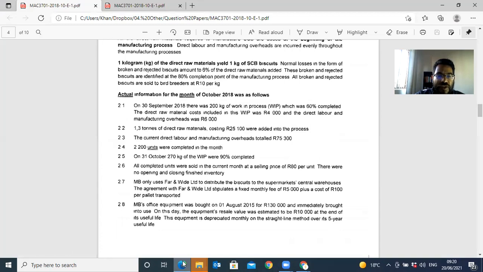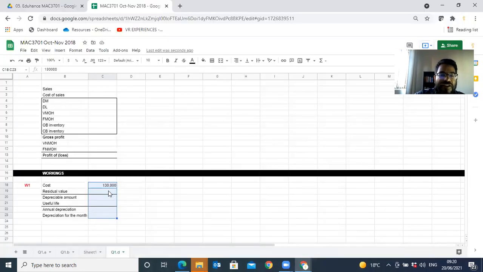So they said on this day, the equipment's resale value was estimated to be 10,000 Rand at the end of its useful life. That is its residual value, so that is 10,000 Rand.